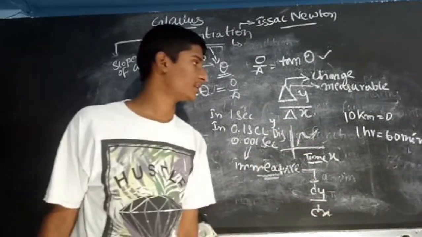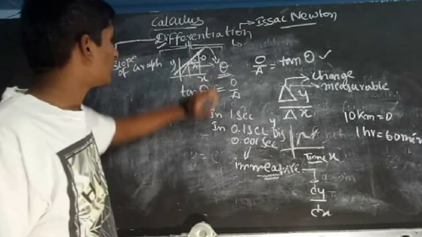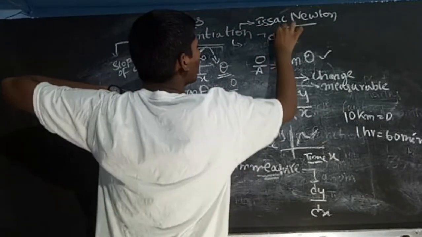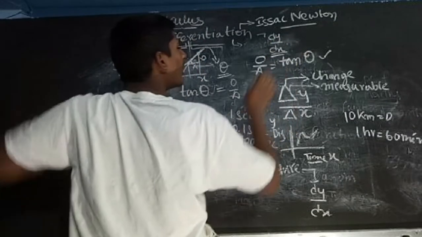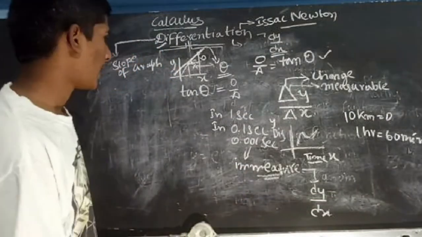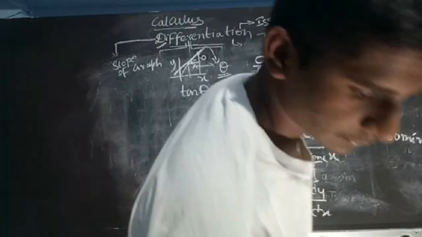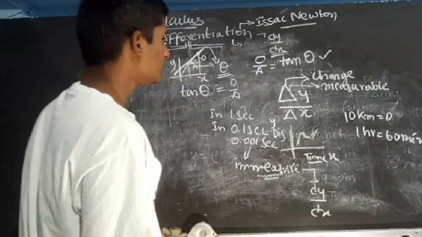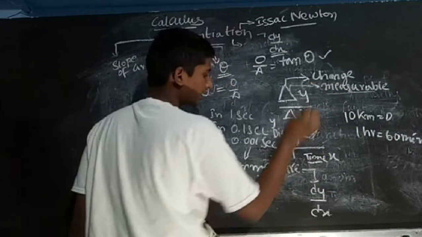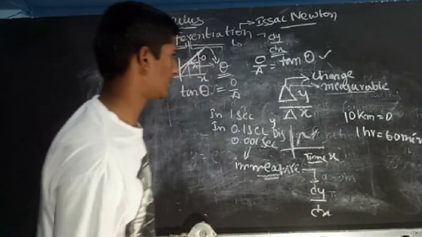So for differentiation, we always write dy by dx. Okay, next. This is an important part: measurable quantity we represent as delta, and dy by dx is called immeasurable quantity. Okay.